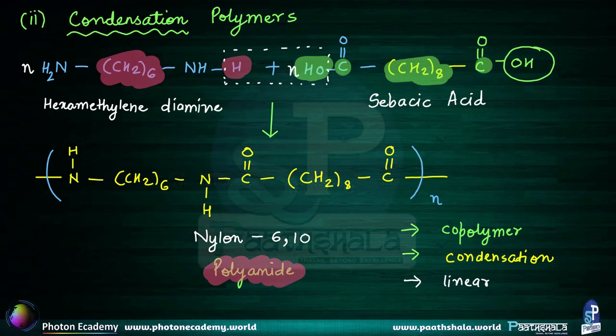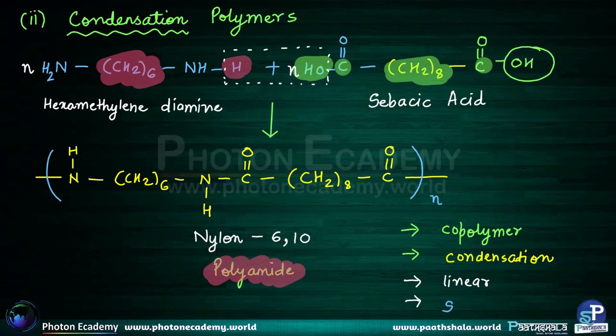But this is called a linear polymer because it is a straight chain polymer. Next, if you're asked whether it is a natural or a synthetic polymer, because this is man-made indeed, we're combining two monomers on our own, this is called a synthetic polymer. So we can classify it like this.